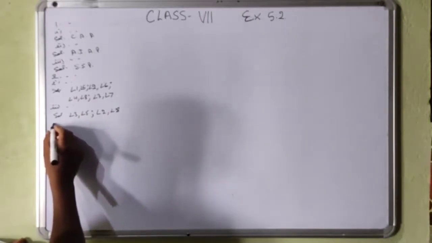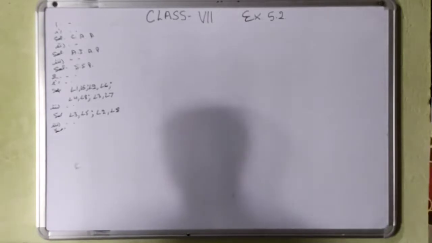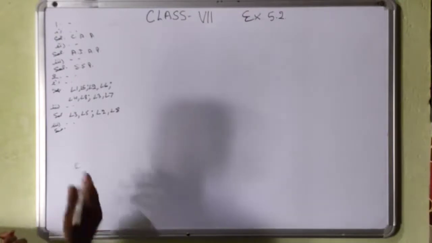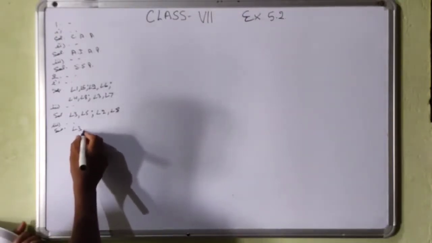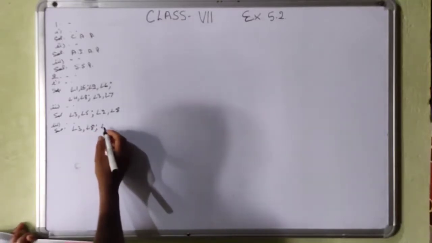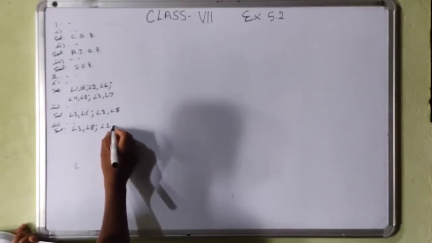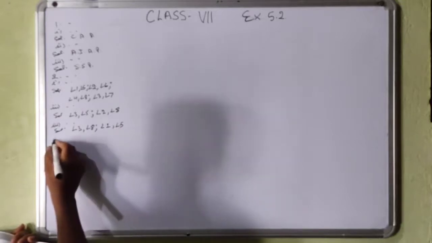Third part solution, the pairs of interior angles on the same side of a transversal: angle 3 and angle 8, angle 2 and angle 5.